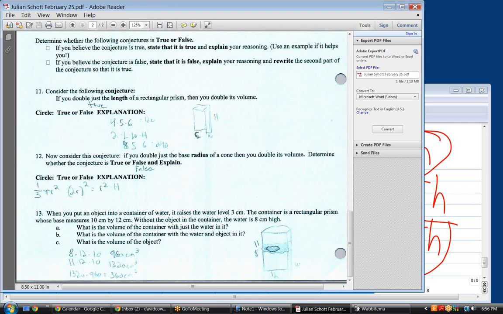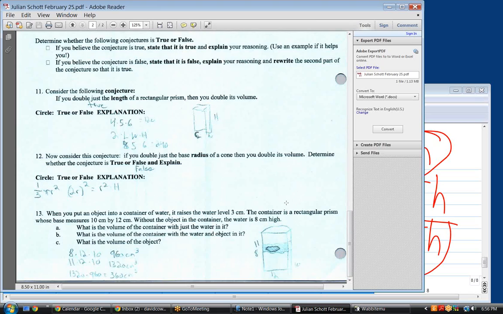Clearly, the container is tall enough to allow the water to rise 3 centimeters when you put this object in it, right? So it must be higher than 8 centimeters, the container itself. And the little picture you've drawn over here makes it look like it's 11, which would be a reasonable guess, but it could be 15 inches high.